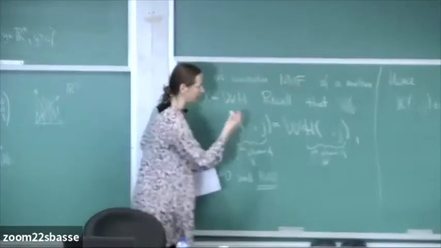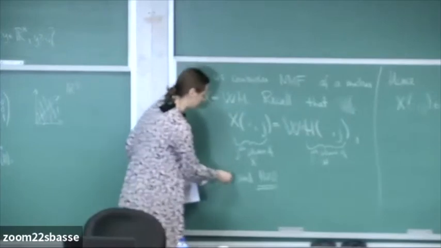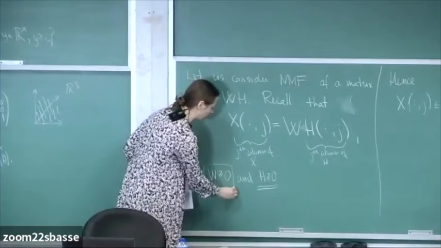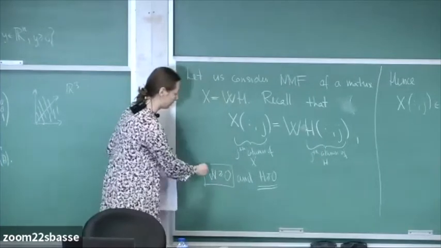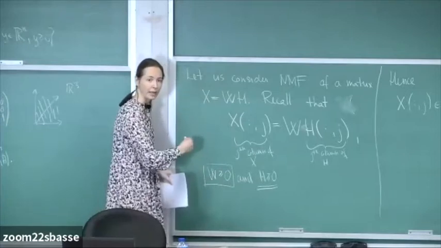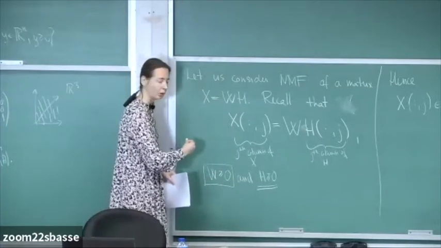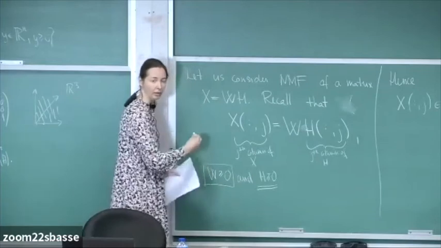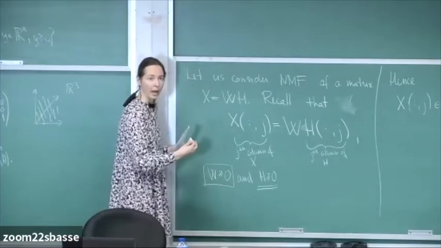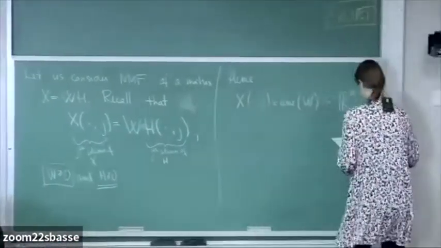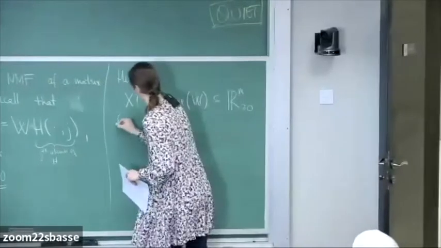But that this cone of W is included in the non-negative orthant comes from this part over here. So this says that all the rays, so the columns of W, are in the non-negative orthant, and this means also the cone has to be in the non-negative orthant. So for all j.